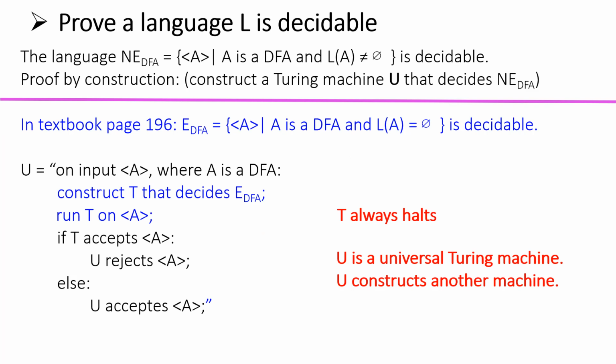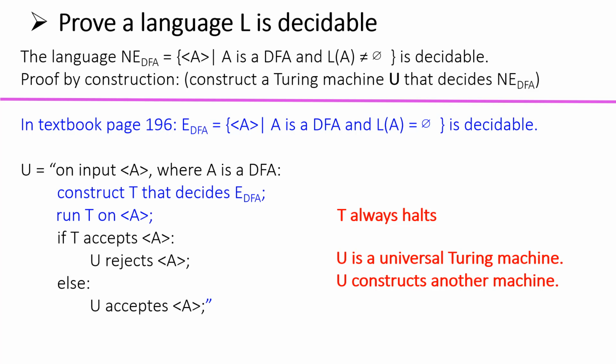Now let's practice with another example. Prove the language NEDFA is decidable. Member strings of this language are DFAs that accept at least one string. In other words, the language recognized by A is not empty. In this example, I want to show you that we can take advantage of other languages that are known or proved to be decidable.